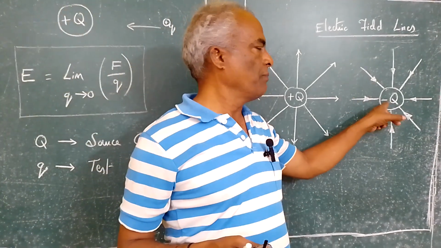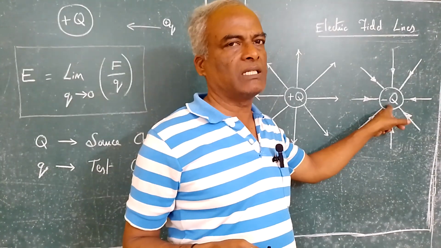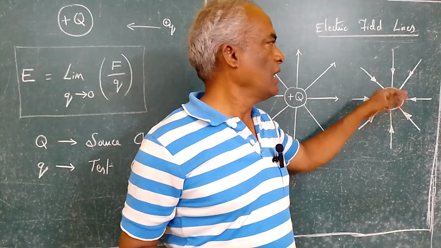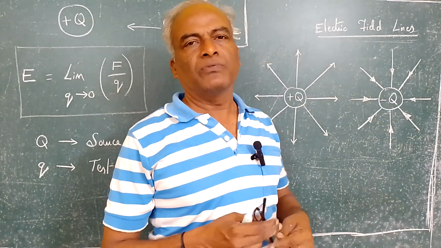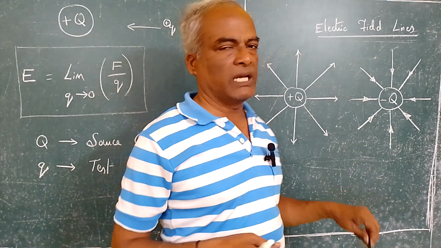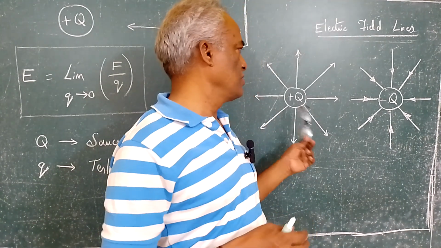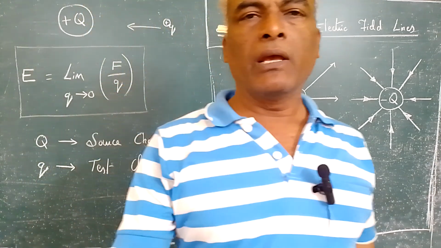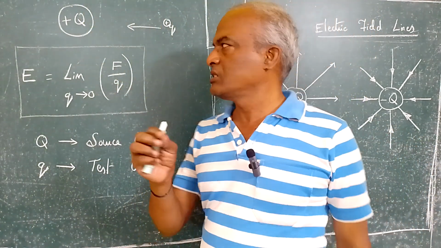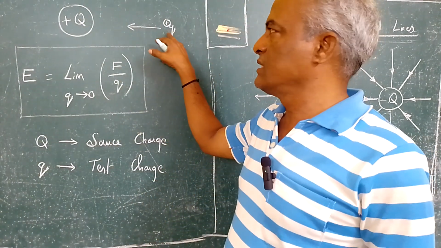But in the case of minus q, negative source charge, the electric field is directed towards the negative charge. So this is how you have to draw the electric field lines in the case of plus q and minus q. Now you are able to understand the significance of this test charge.